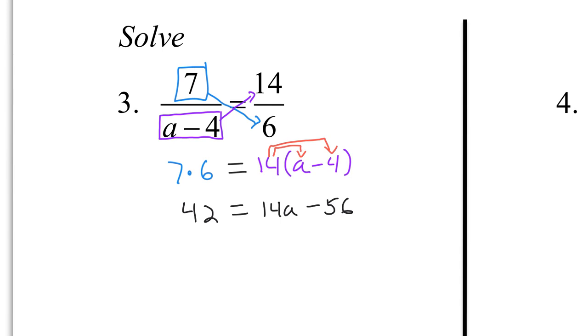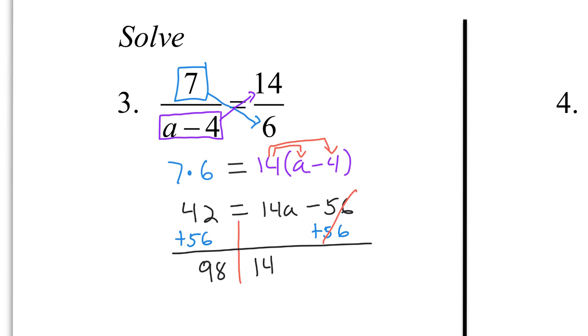You guys can put the line on the bottom of the equal sign if you want. You don't really have to, but I'm going to do that to show you guys my steps. So I'm going to add 56 to both sides here, which is the constant on the same side of the variable. So we know this cancels. 42 plus 56 is going to be 98. And on the other side, we get 14a.